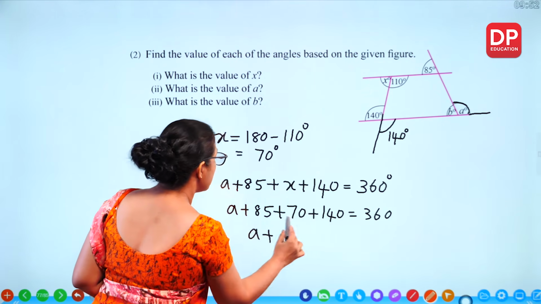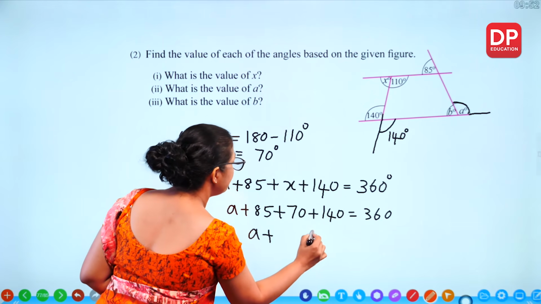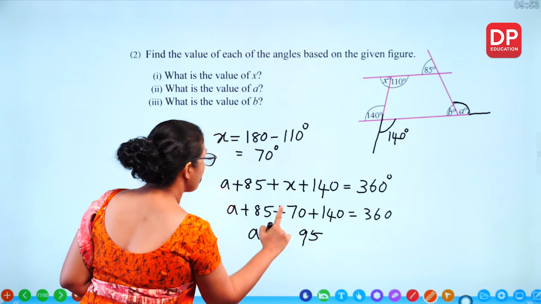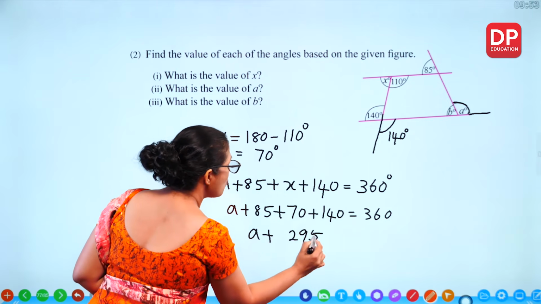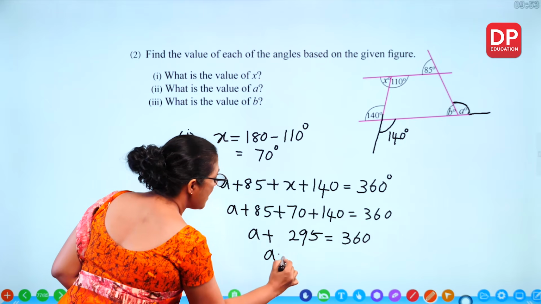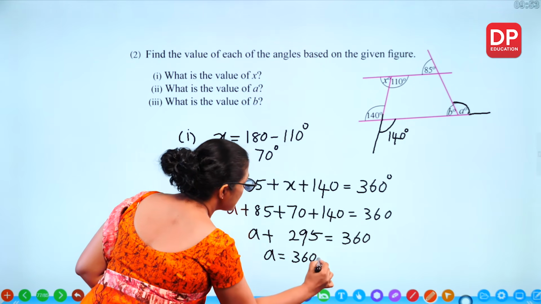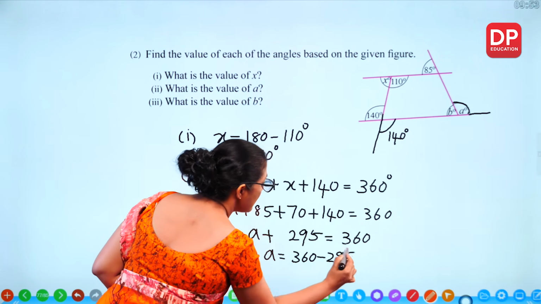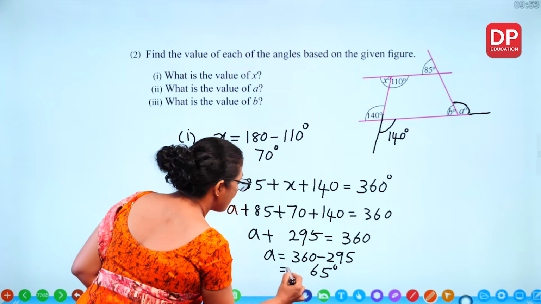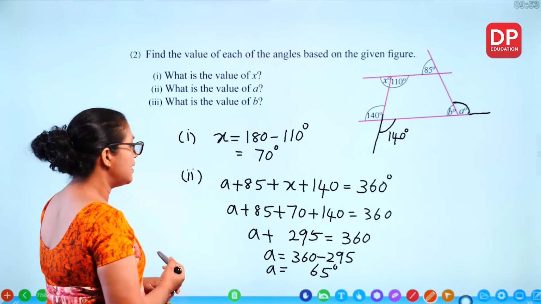A plus, add these three. 295 plus A is 360. So what's the A value? 360 minus 295. So 65 is the A value.